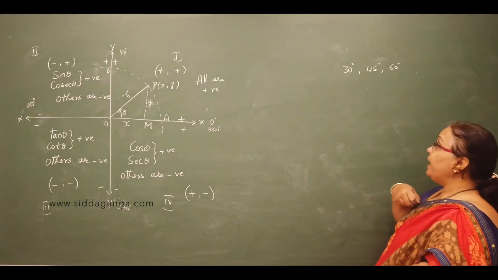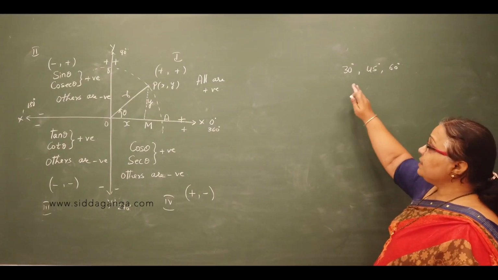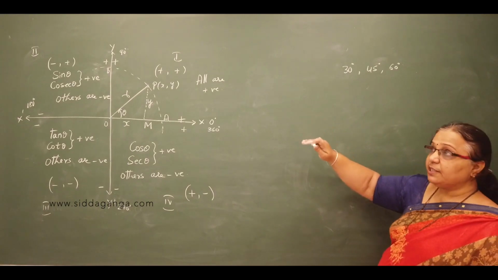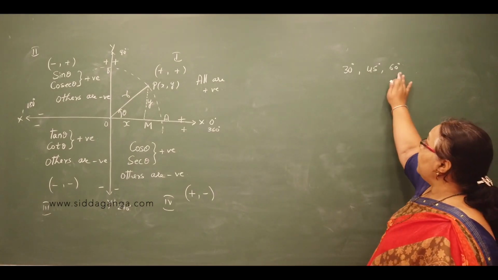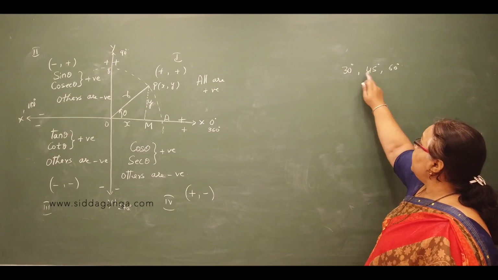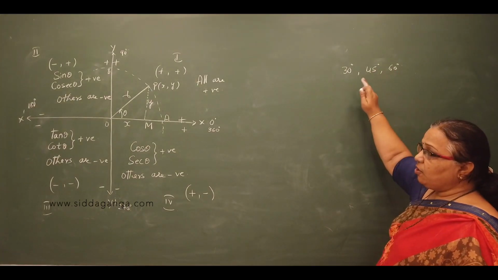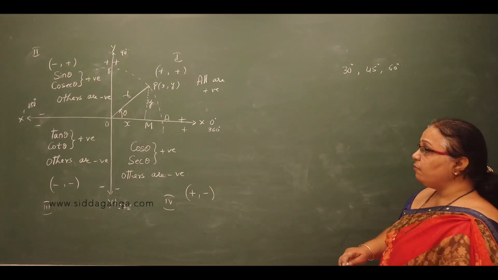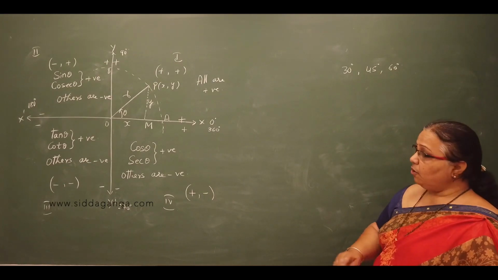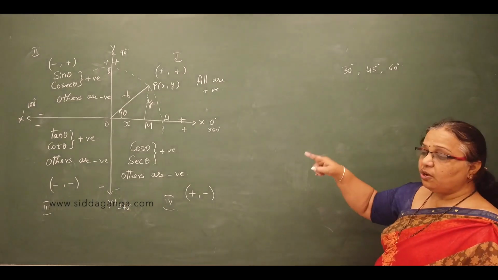We know the values of all the 6 ratios or functions for the standard angles, 30, 45 and 60 degree, and also the values of the ratios of the quadrant angles.